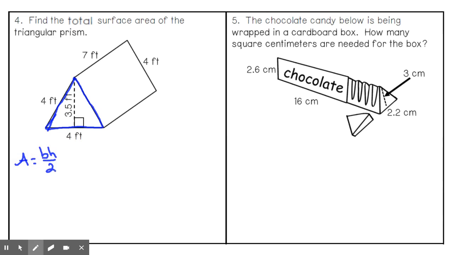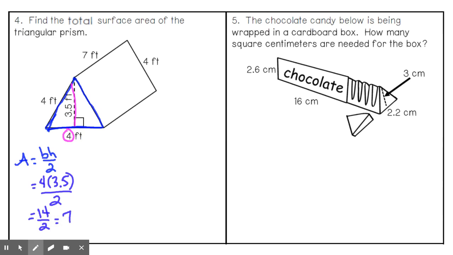Okay, so our base is 4 and our height is 3.5. Okay, I want you to notice that 4, and then our height is perpendicular, so it's 3.5. So we're going to have 4 times 3.5, and then we're going to divide by 2. Okay, so when you do that, you get 14 divided by 2, which is 7.